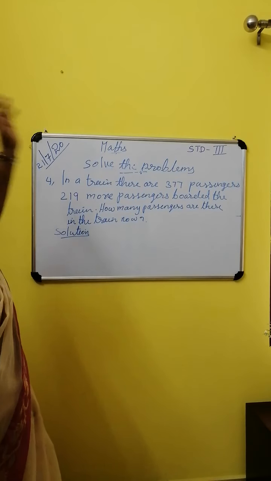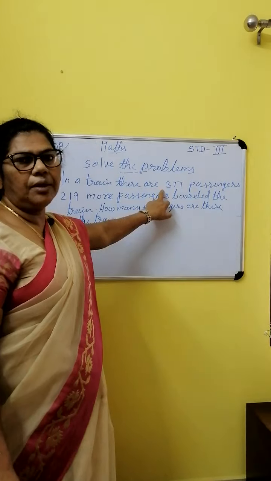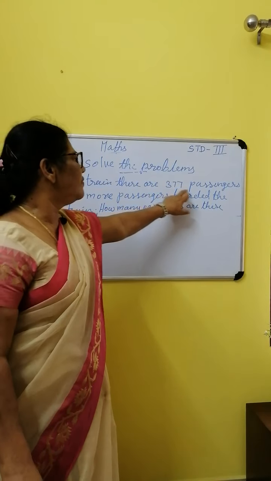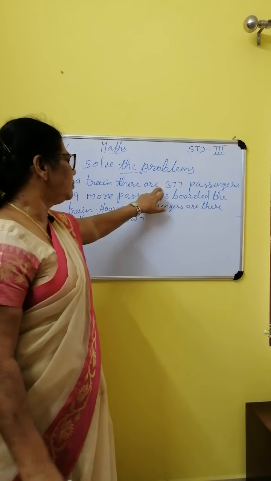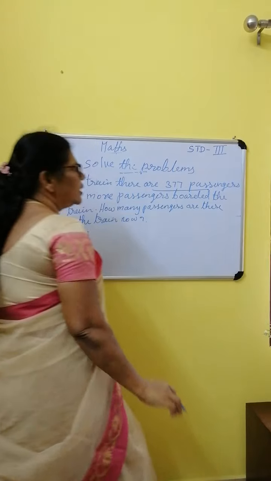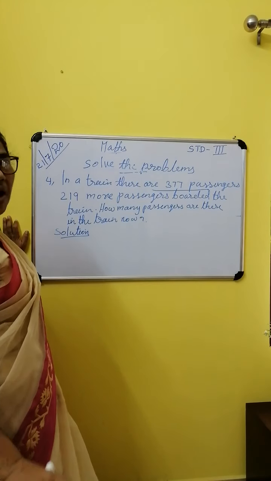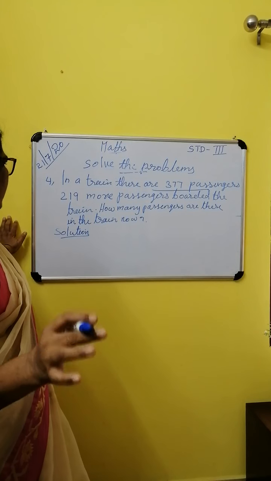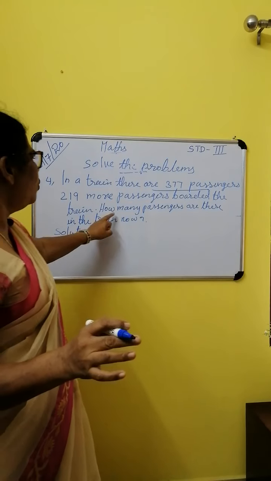So, from the first sentence, we can make one step. See, in a train there are 377 passengers. You have to write number of passengers. See here, how many is there?